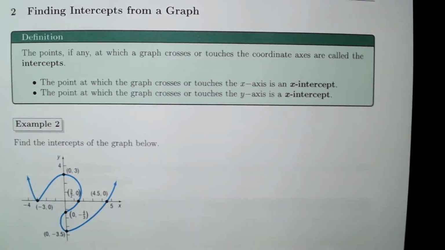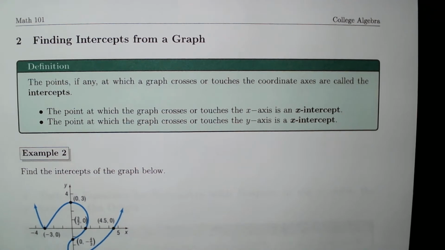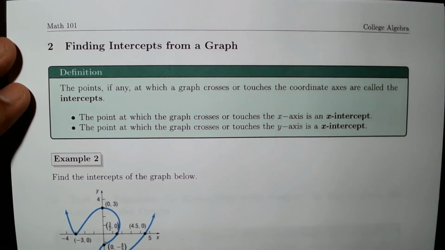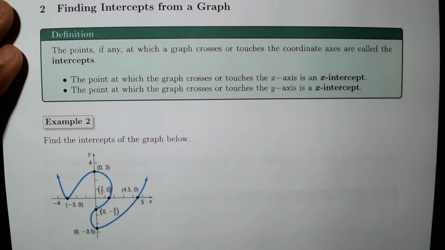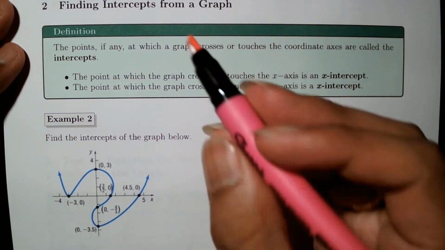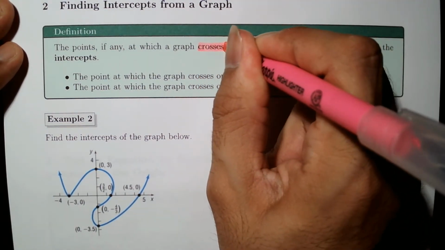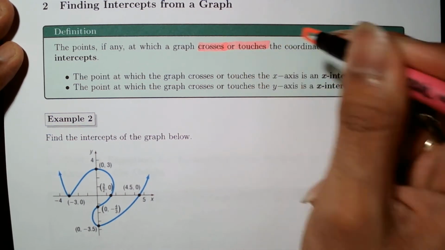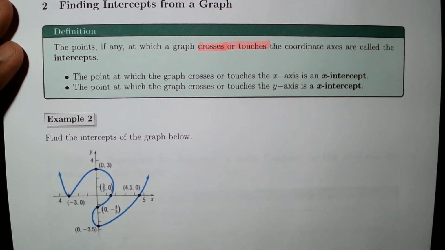Alright, properties from graphs. One of the most important aspects when it comes to graphs of equations is their intercepts. An intercept is a point at which a graph either crosses or touches the coordinate axis, either the y-axis or the x-axis.